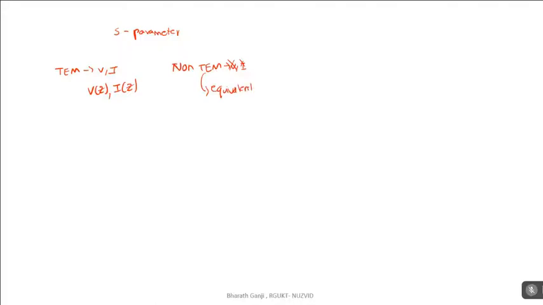Of course, these are also waves, but these voltages and currents should satisfy a few relationships. The voltage should be proportional to the transverse components of the electric field, and the current should be proportional to the transverse components of the magnetic field.